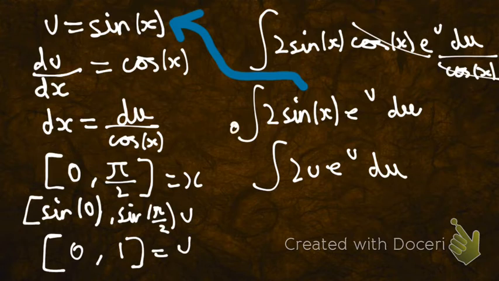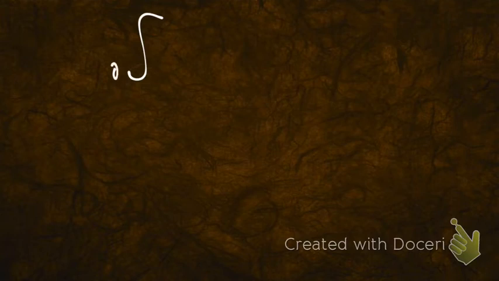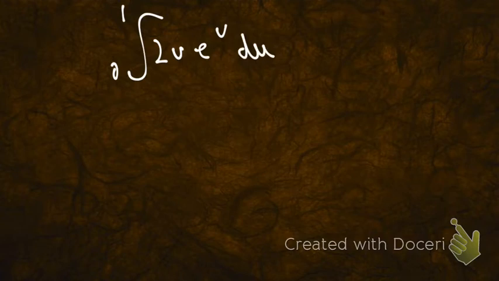And this is looking a lot easier already. So now our integral is 0 to 1 of 2u e to the u du. From here, I'll leave you to take 10 seconds to think how we'll continue.